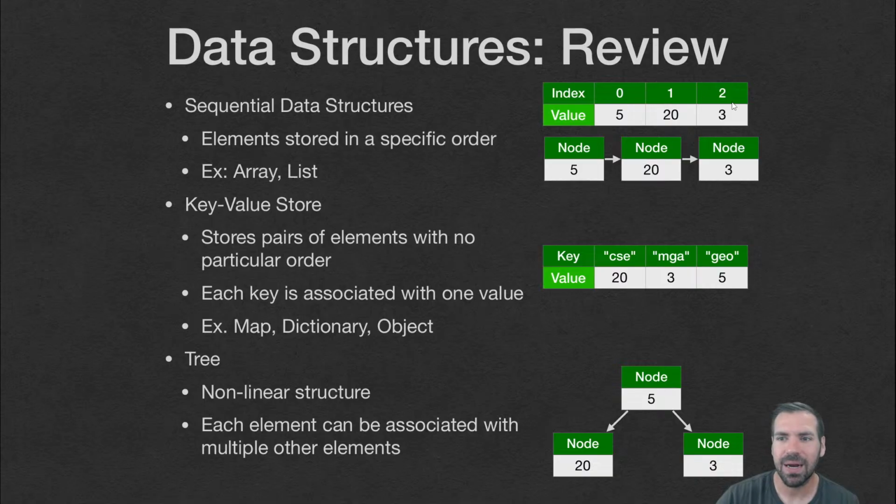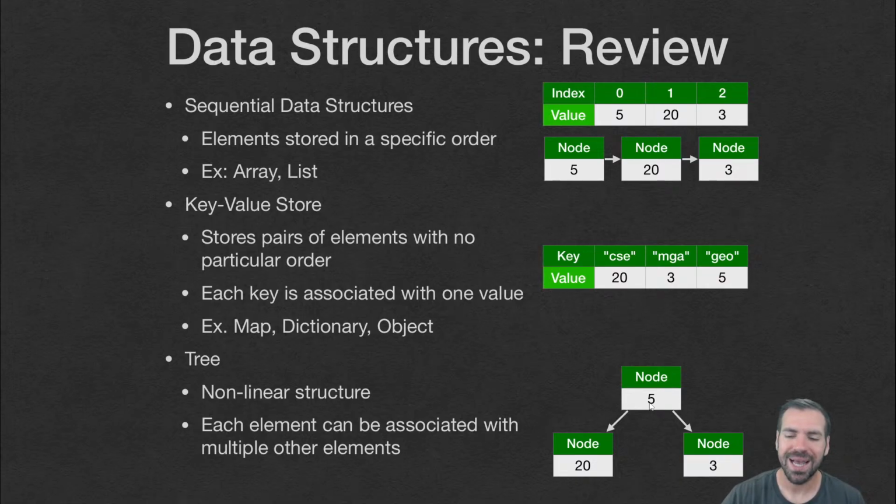And arrays had random access. Linked list did not, but linked list could change size, and we can manipulate the structure of the linked list very easily, where we can't manipulate the structure of an array very easily. We have to create a new array and copy all the values over. So two sequential data structures, and a key value store. This is where order doesn't matter anymore, and instead we're creating an association. We're associating keys with values and storing our values at those keys.